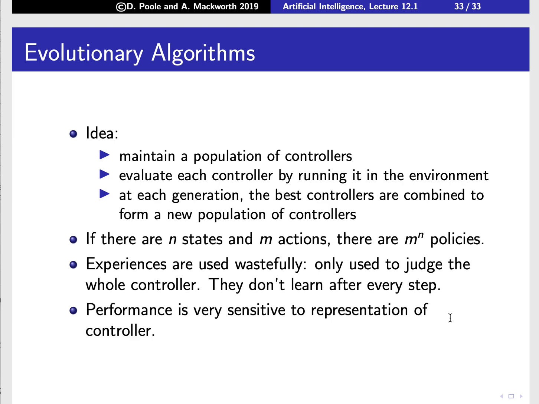It turns out there are just too many of these policies. Also experiences are used wastefully, as they're only used to judge the whole controller, so it doesn't learn after every step, whereas reinforcement learning learns after every step. And the performance is very sensitive to the representation of the controller, and there are lots of papers in the evolutionary algorithms literature that say, here's a different way to represent the controllers.